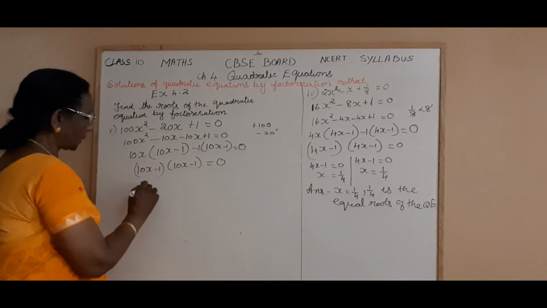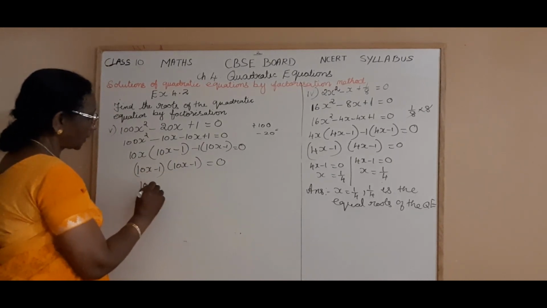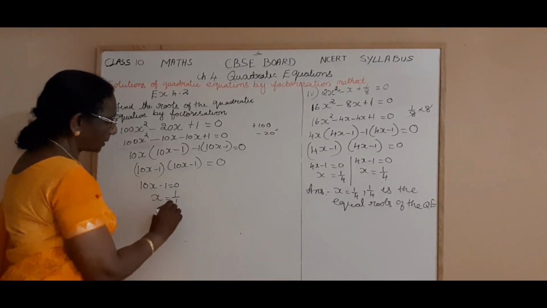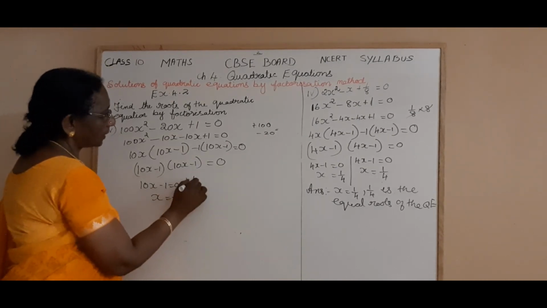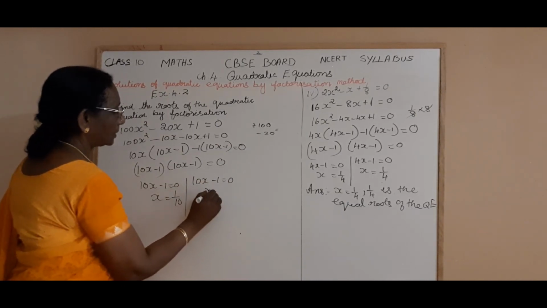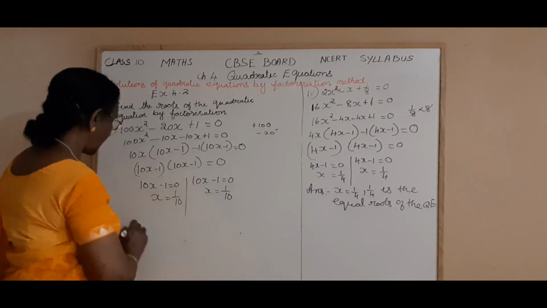So when 10x minus 1 equals 0, x is equal to 1 by 10. Again the same thing, x is equal to 1 by 10.